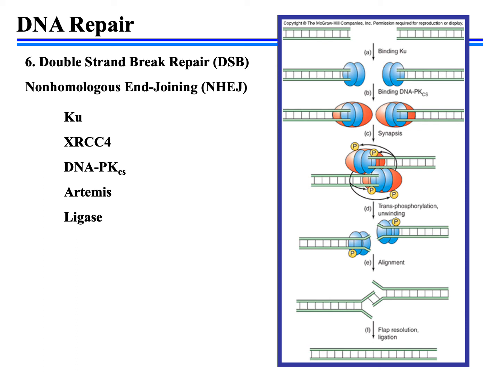However, there are microhomologies present in single-strand overhangs that allow for this interaction to take place. So it's not just piecing together random pieces of DNA. There is some sequence homology that allows for this to take place.